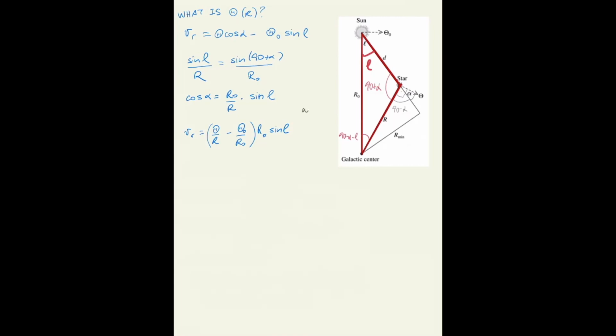Remember, angular velocity is capital Theta over R. So you can substitute this and find a simple expression for the radial velocity: VR is equal to omega minus omega naught times R naught sine L. This is known as the first Oort equation. This permits you to compute omega in terms of the observables, which are the radial velocity and the galactic longitude, and the known values for omega naught and R naught. And as you can see, if you have constant angular velocity, this factor here cancels, and then you indeed have zero radial velocity, as you expect in rigid rotation.